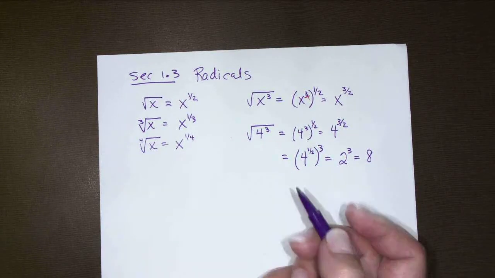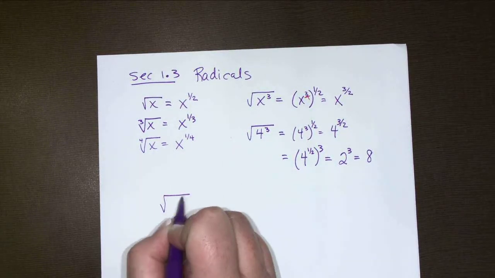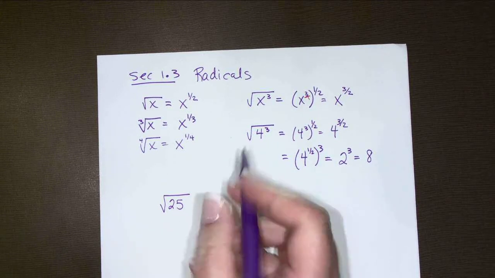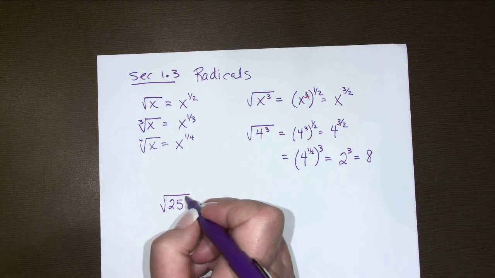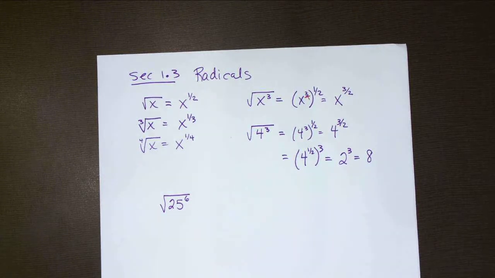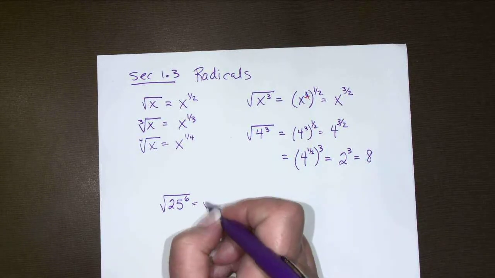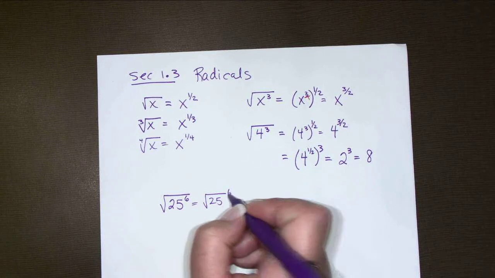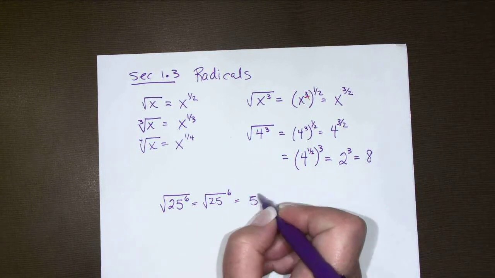So if, for example, you saw the square root of 25 to the 6th, you can choose either to do the square root first or do the 6 first. 25 to the power 6, you'd have to write that down. But the square root of 25 and then to the power 6 works as well: 5 to the 6.